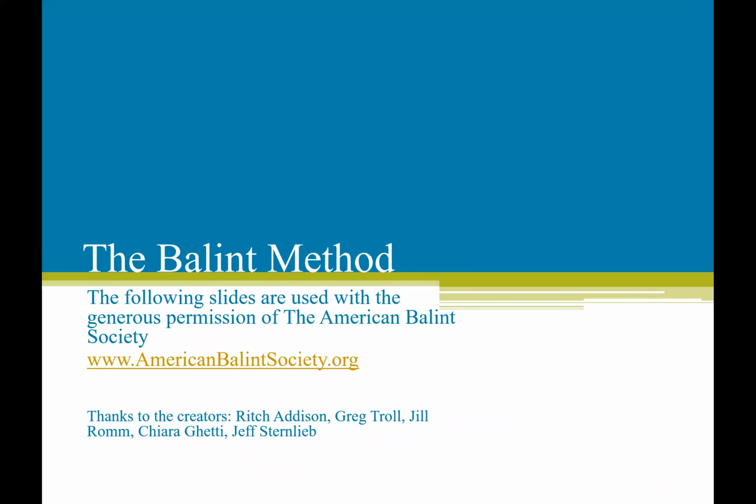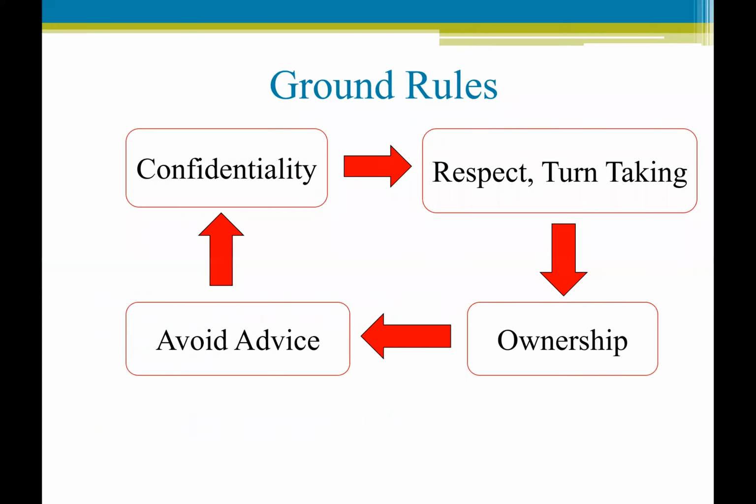So these slides are from the American Balint Society that go through a little bit of the mechanics of Balint Group. As I mentioned, there are some ground rules of confidentiality, respect, ownership of what you say, and avoid advice giving or anecdote sharing.